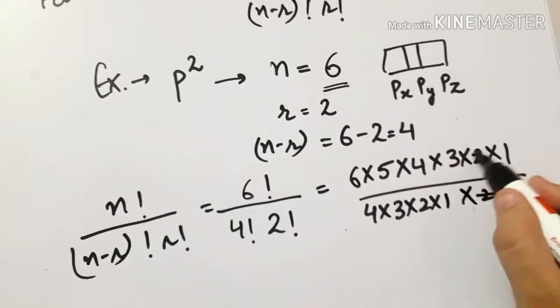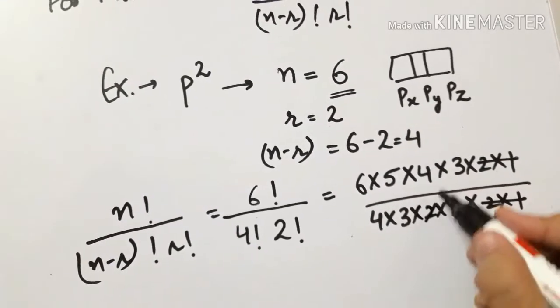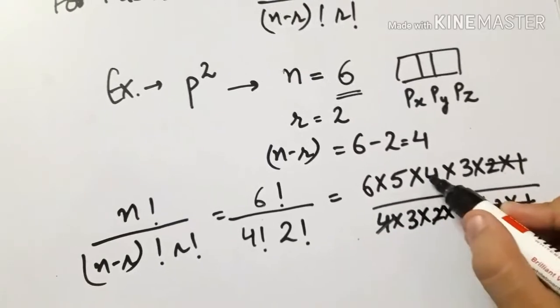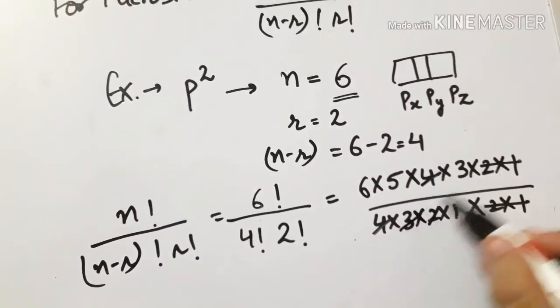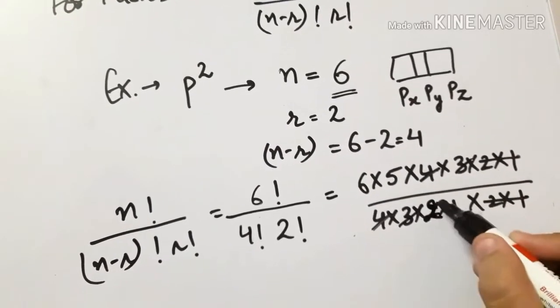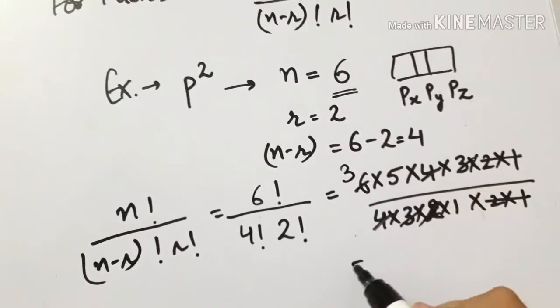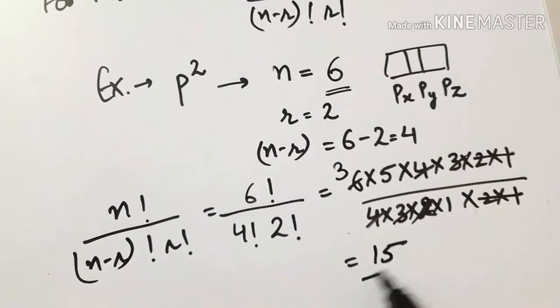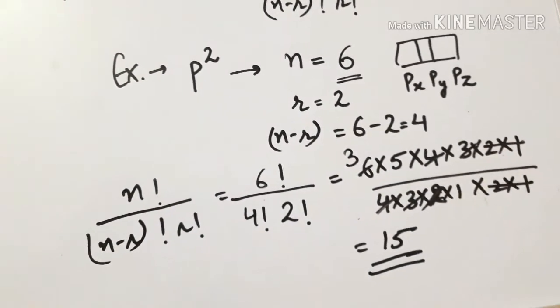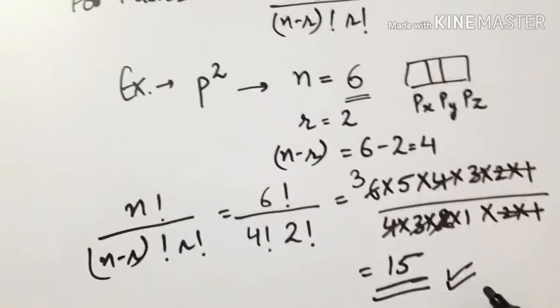So 4 factorial cancels out. So 6 into 5 upon 2, that is 15. So for p2 the microstate is 15.